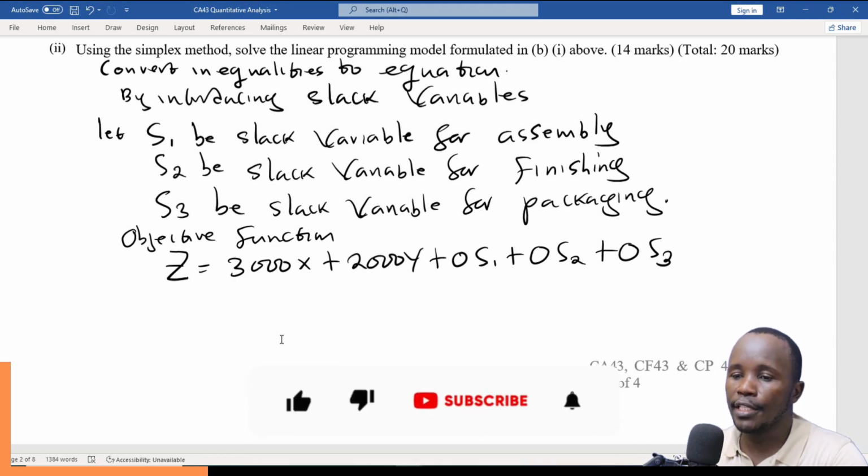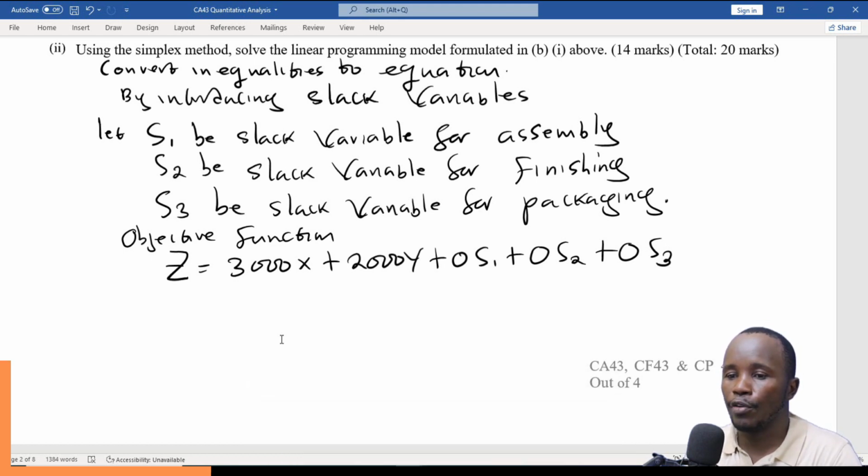I'm introducing these slack variables, and I'm saying 0 here because Z, the profit is obtained by actual values which you get here. So there will be no gap for you to get the profit. So whatever values of x and y are going to be obtained, they are going to give you the profit.